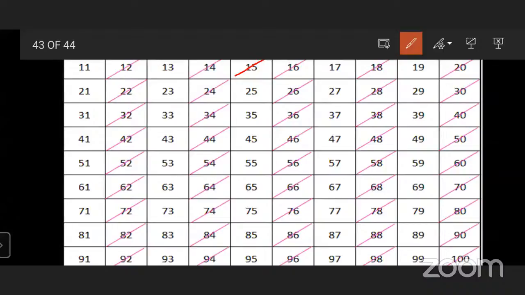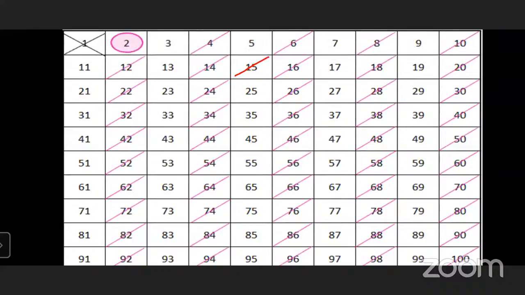Very good. Total 25 prime numbers. How many prime numbers are here? Yes, total 25 prime numbers.